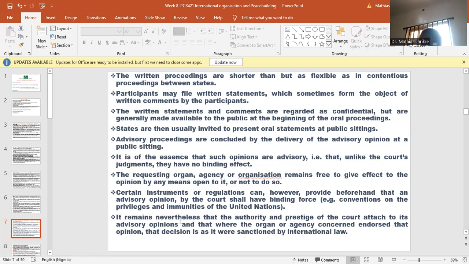It remains, nevertheless, that the authority and prestige of the court attach to its advisory opinions. Were the organ or agency concerned to endorse that opinion, that decision is, as it were, sanctioned by international law.